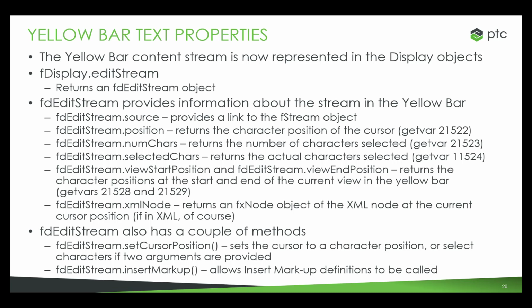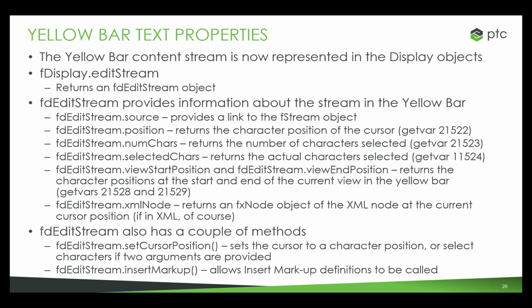This is really useful if you want to do some validation at that point, or maybe you're using an insert markup dialog box to provide a list of the allowed elements that a user could insert, for example, or you want to make a decision in your code based on the XML node at that point. Then the FD edit stream XML node will be a useful property to use there.